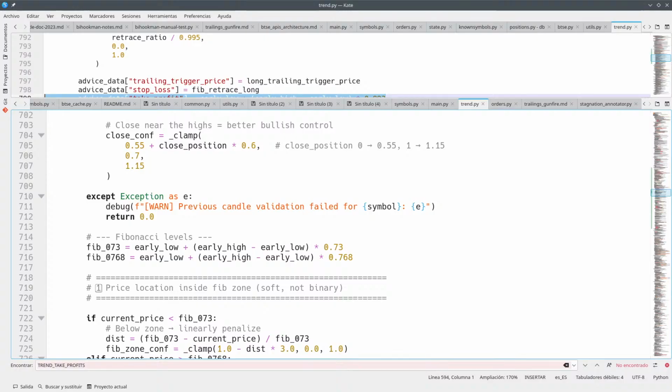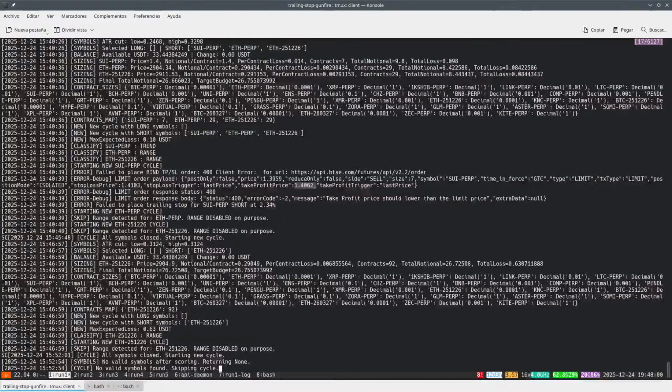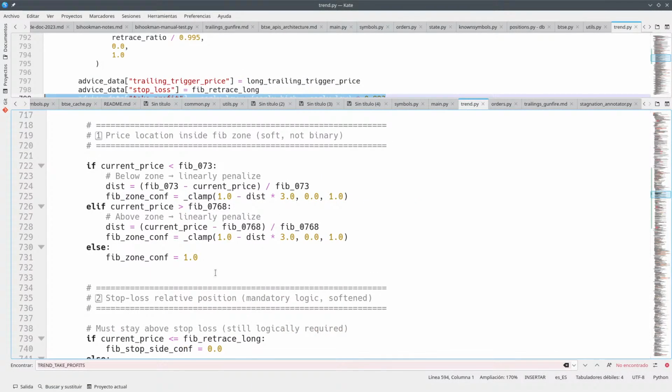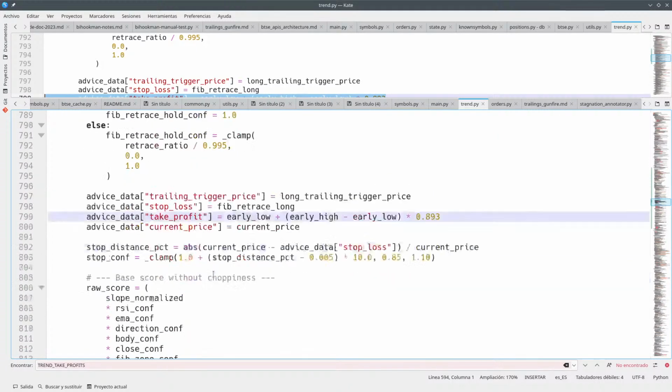Okay, so I'm going to add some debug lines because otherwise I don't know if I'm going to find out anything about this.